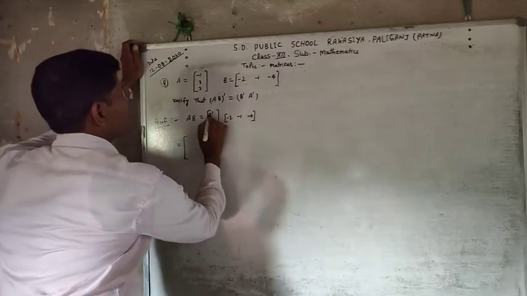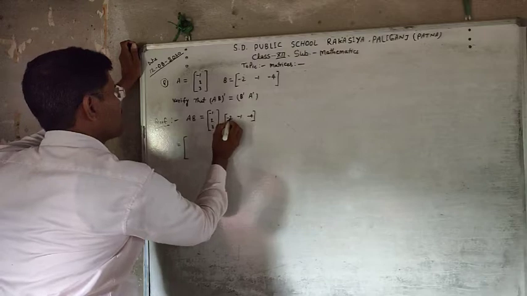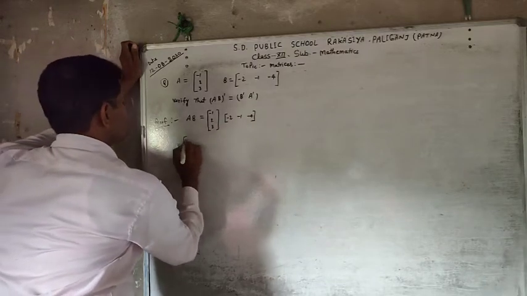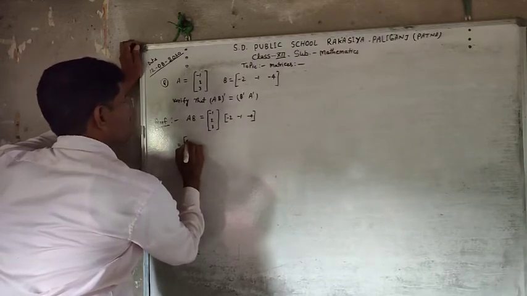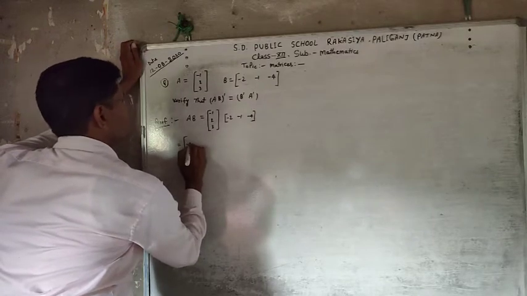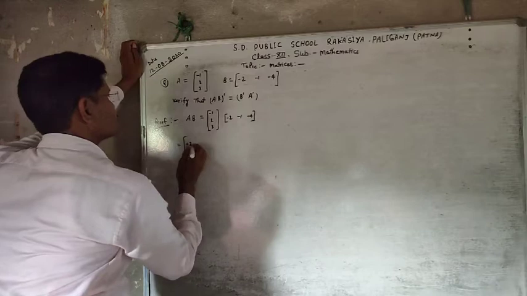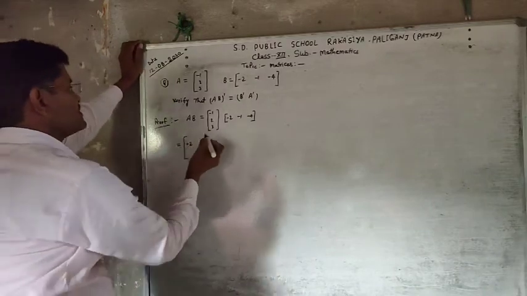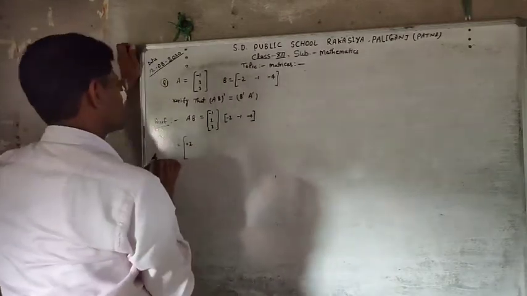Minus 1 multiplied by minus 2 gives plus 2. The first row and first column are completed.